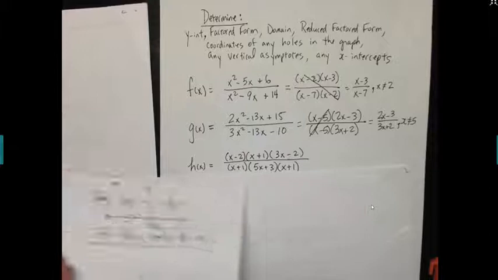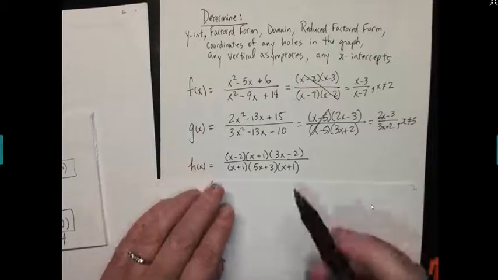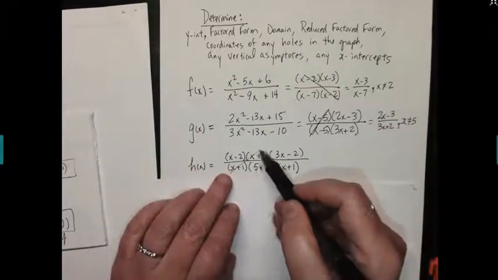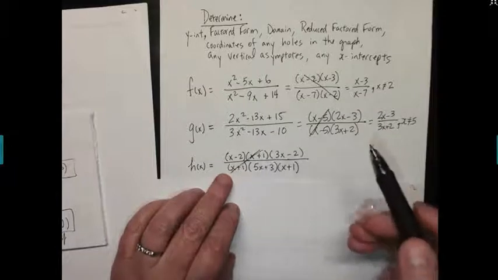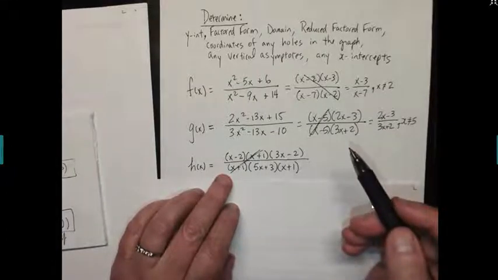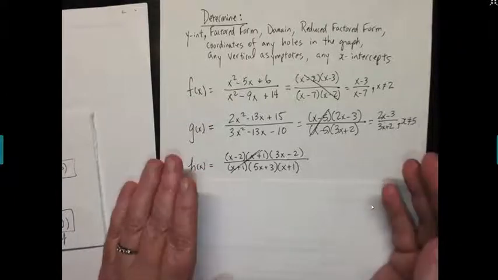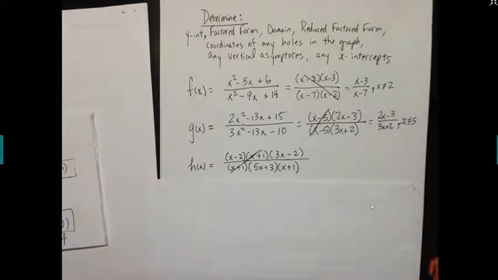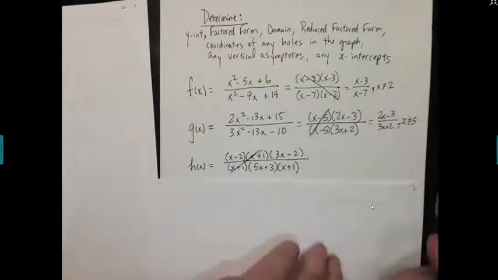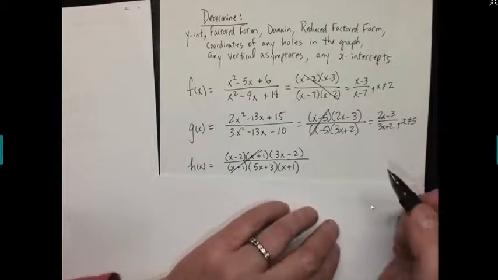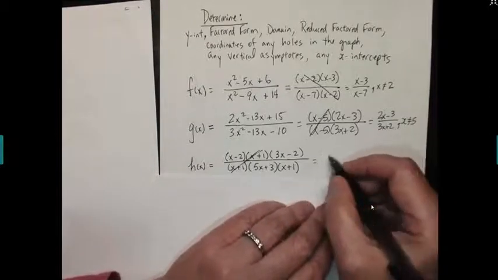Okay, now reduced factored form. I can cancel that, and that seems to be all I can cancel. So there will be one hole.